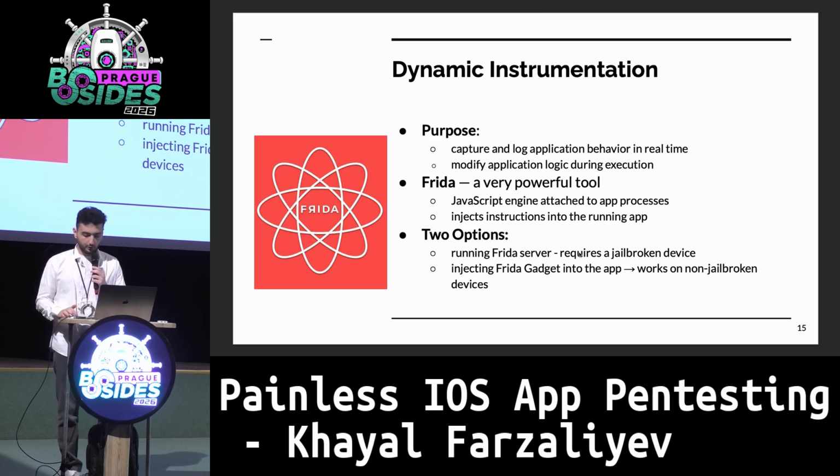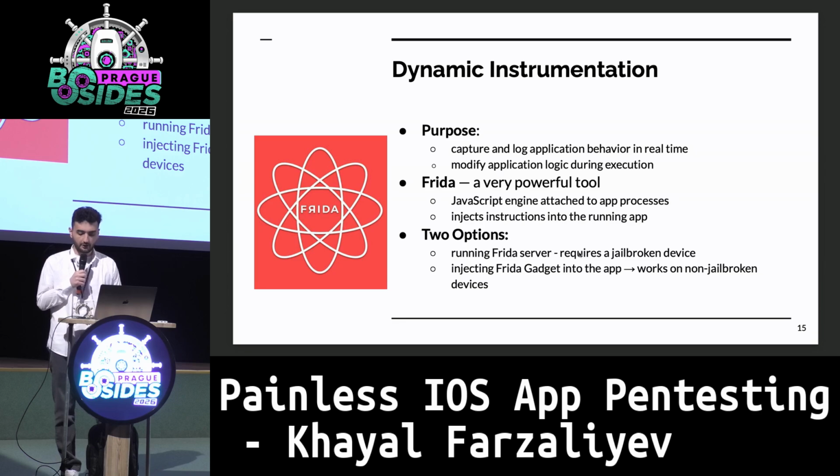The first way is to run a Frida server on the device, and from your laptop you connect to that server and tell it which app to attach to. That's beautiful and clean, but it requires a jailbroken device. And we have another option, which is the one we care most about today: injecting a Frida gadget into the app.